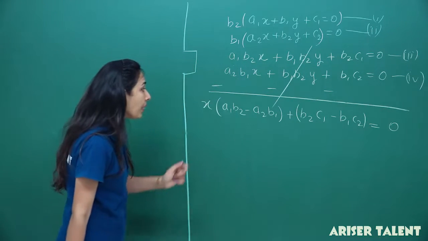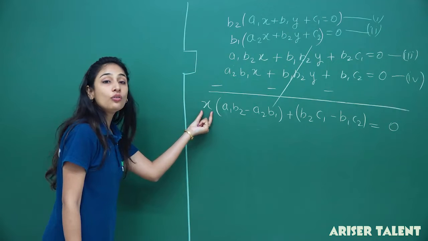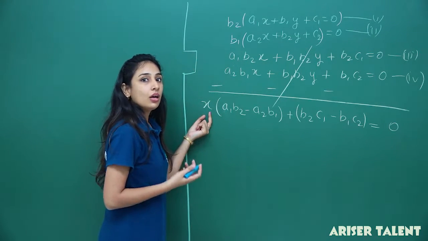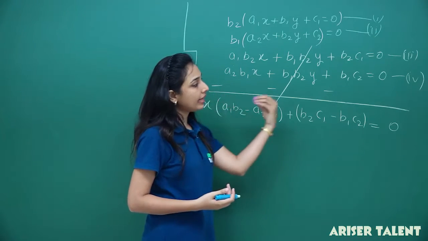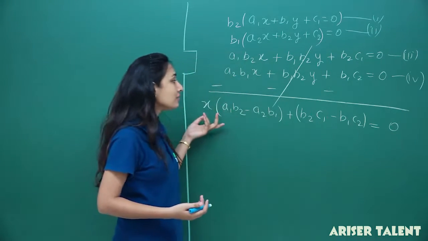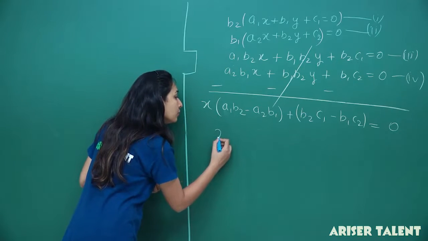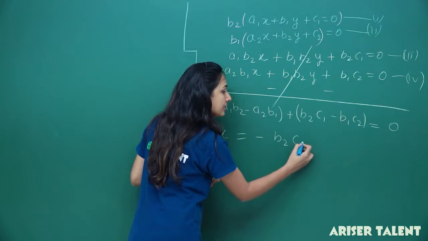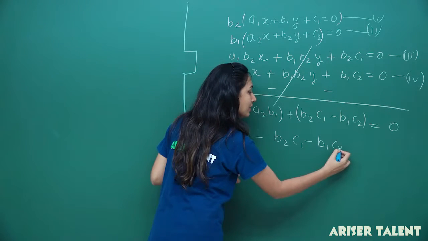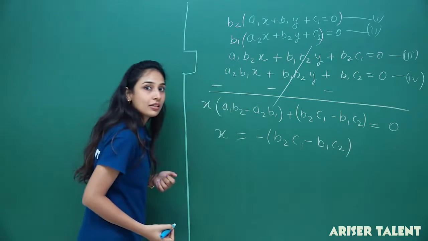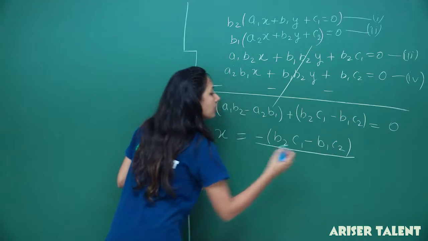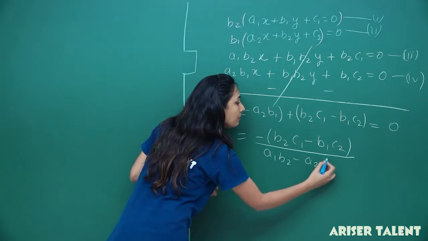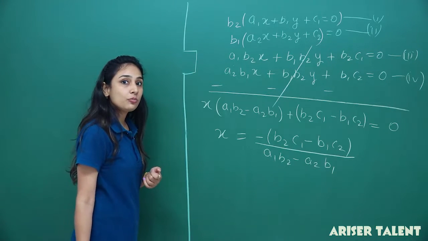Now how will you find the value of x from there? These are all constants, look at them. Constants can be sent to the other side and we will have the value of x. So x equals minus (b2 c1 minus b1 c2) in the numerator, and in the denominator a1 b2 minus a2 b1.